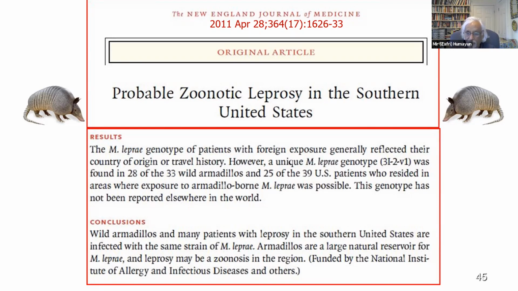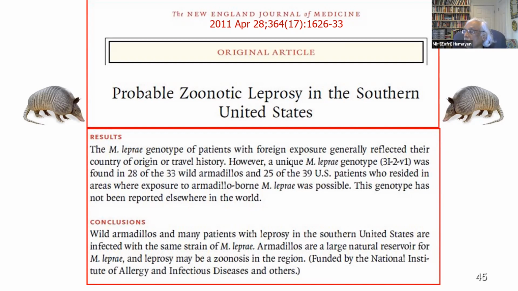They had a different strain as compared to this fraction of patients in southern United States. So what's going on here? What's the relationship between armadillo and the strain that it carries and that fraction of the American patient population that had the same strain? Well, so in that sense, this disease for this fraction of the population, human population, can be considered to be a zoonosis.